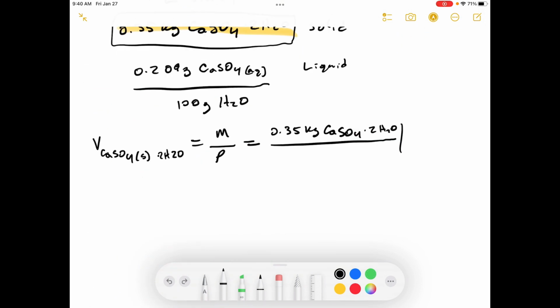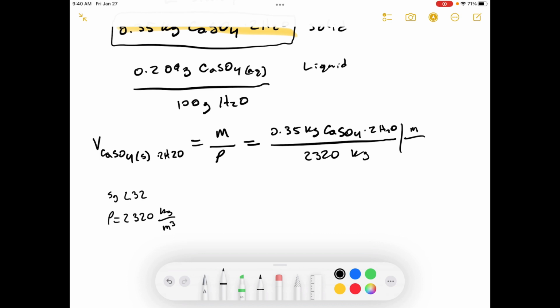So if the specific gravity is 2.32, then the density is 2320 kilograms per meter cubed of the gypsum.